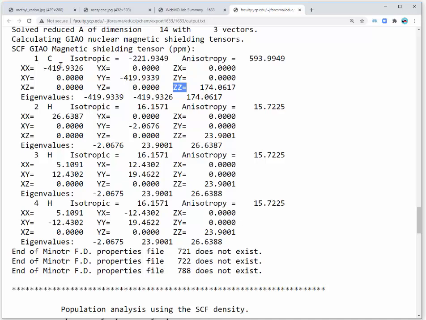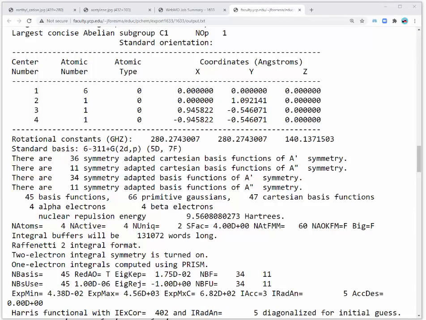Now, to explain these directions, X, Y, and Z, you have to understand how the molecule is laid out. And so if we go back to the coordinates, here are the coordinates of this molecule. The carbon is at the origin, 0, 0, 0, and then one of the hydrogens is along the y-axis, and the z-axis is the out-of-plane direction.